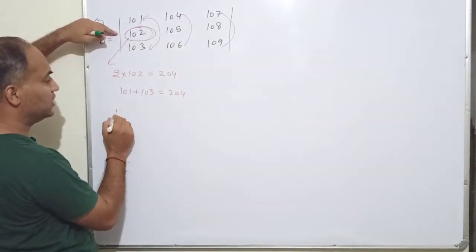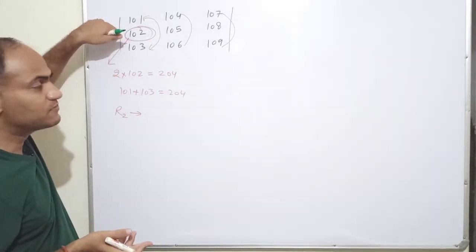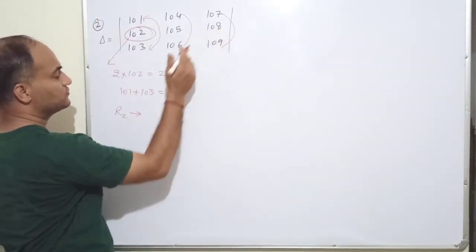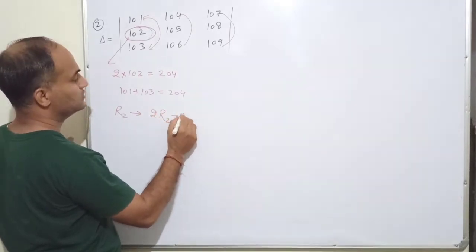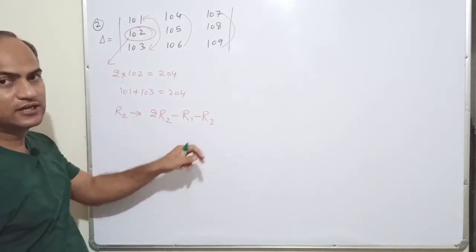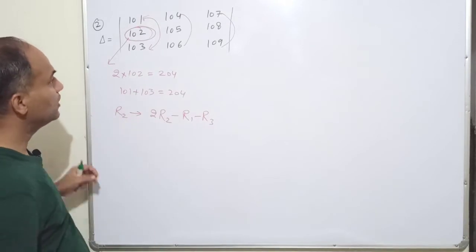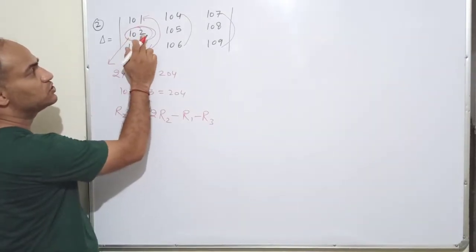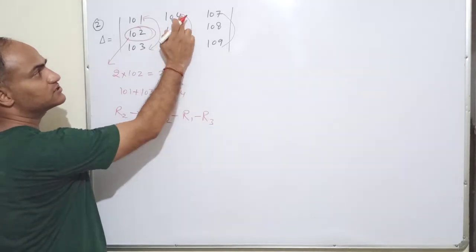It means row 2 will be transformed, in which manner? Row 2 becomes 2 times row 2 minus r1 and minus r3. If we do that, what is going to happen? This minus this becomes 0. Double of this, 204, minus the sum of this, 0. Same also for double of this minus the sum of these two, 0.